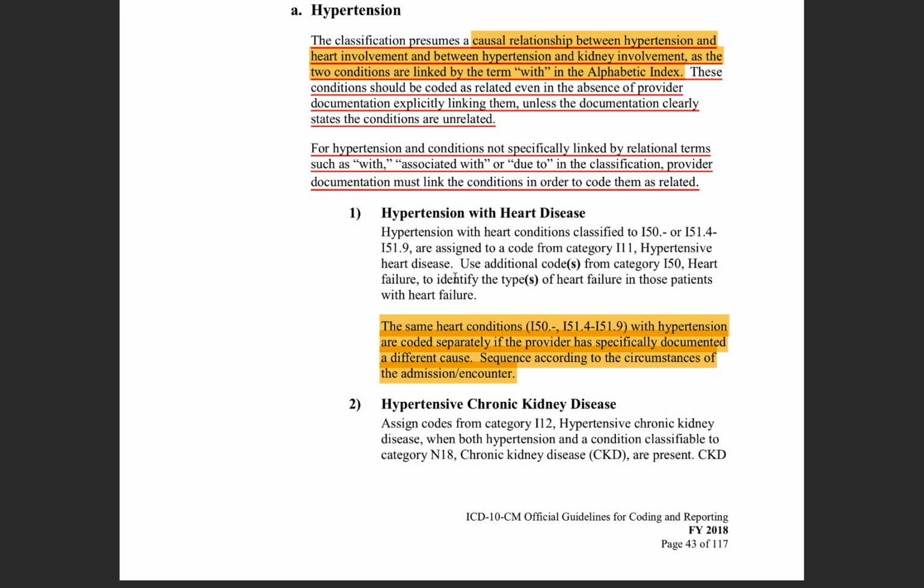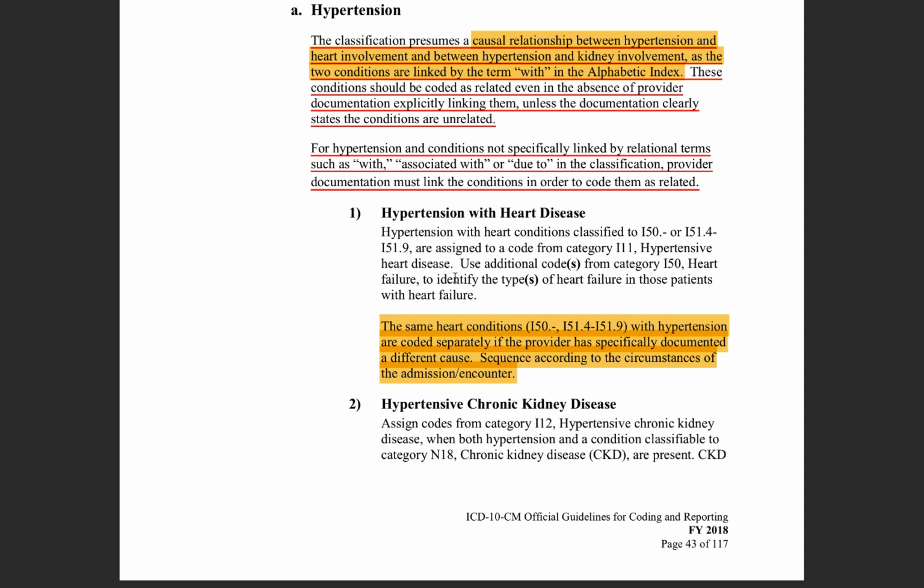The same heart conditions with hypertension are coded separately if the provider has specifically documented a different cause. Sequence according to the circumstances of the admission encounter. On your codes, it will say code also or code first. This will help reference you to this guideline.